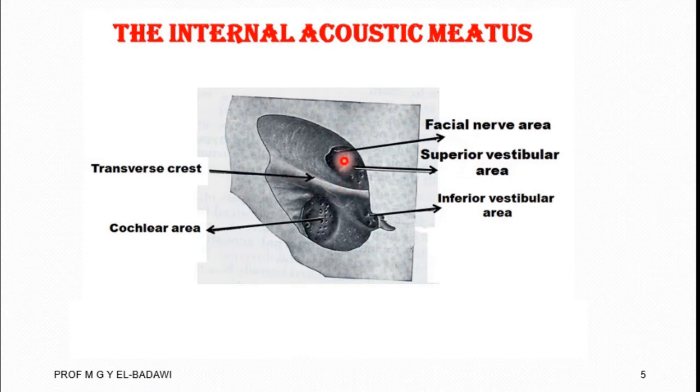In the upper part, there is the facial area for the facial nerve. There are two vestibular areas here, superior and inferior, and an area for the cochlear nerve. That's how the internal meatus looks, which gives passage for both the facial and the vestibulocochlear nerve.